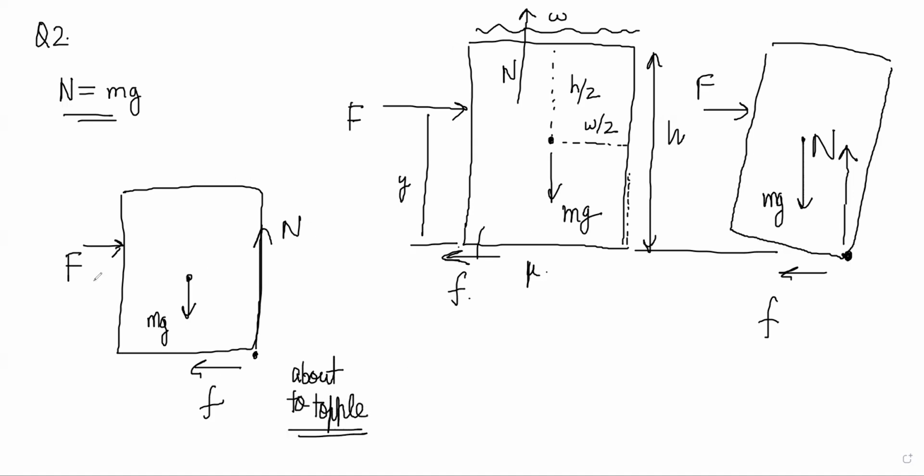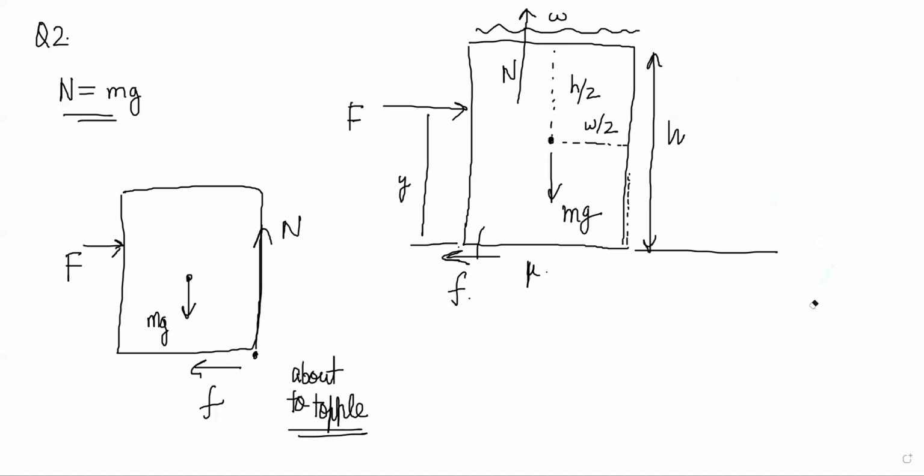So in this situation, what equations can we write, right? It's about to topple, and what we can say is, again, normal force will be equal to mg as before, but this time the torque from the normal force is just zero. Technically, the torque of the force F is greater than the torque of the normal force, right?